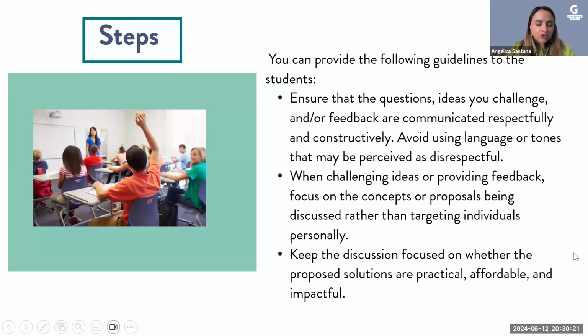So make sure that in the questioning part, which happens after each group introduces their poster, the rest of the students, the classmates, are challenging the idea, not the person, are being respectful and using respectful language, and are providing feedback, and not only saying, I don't agree with your solution, I don't think that is feasible.